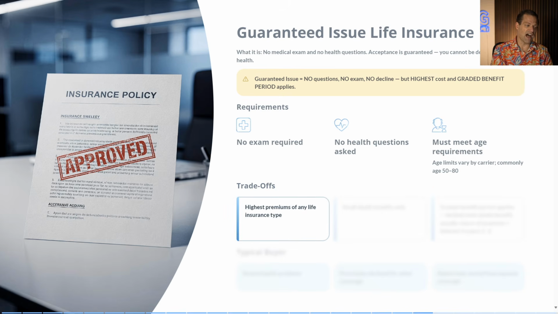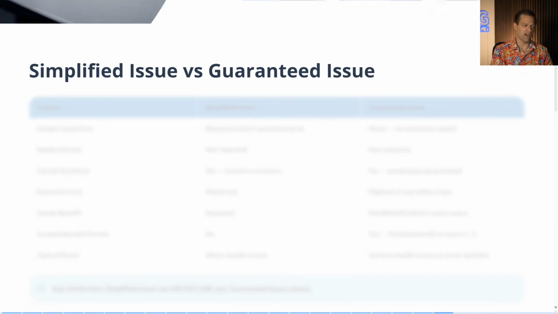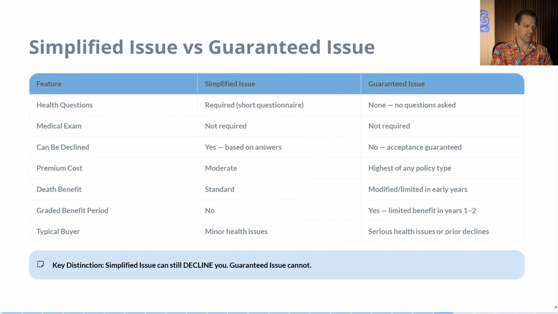So trade-offs are the highest premiums of any life insurance policy, but you would only use this if there's no other options in many cases. Small death benefits and typically graded benefits apply. So the typical buyer is somebody in very bad shape, severe health issues, previously declined, and they just need to be buried.